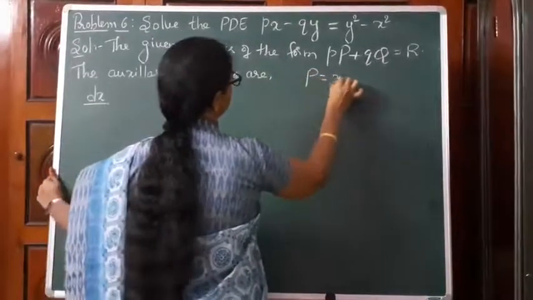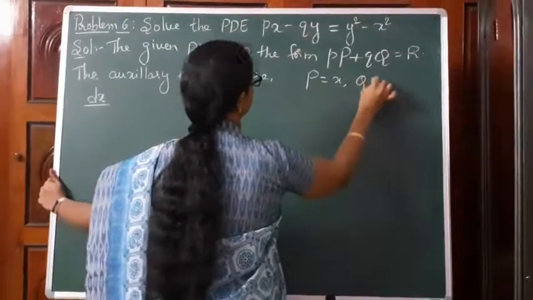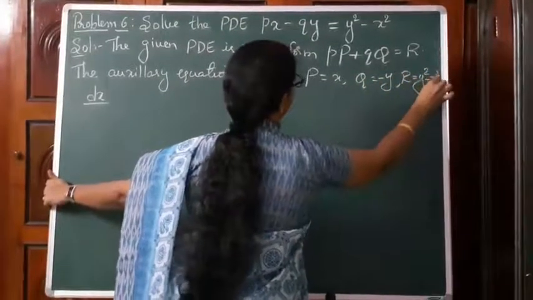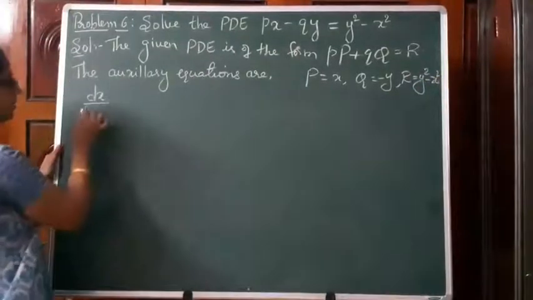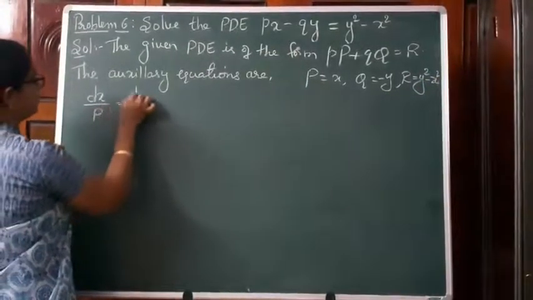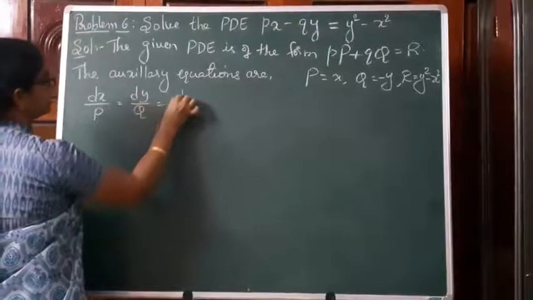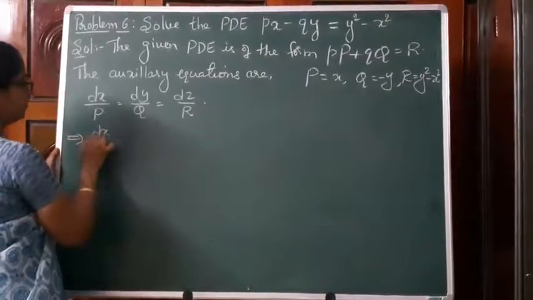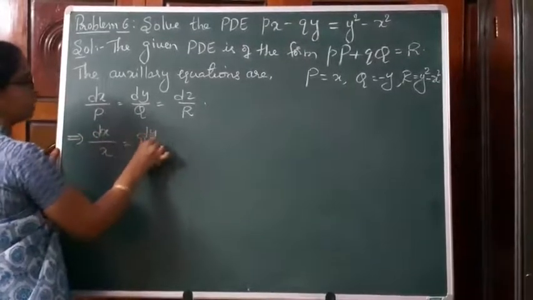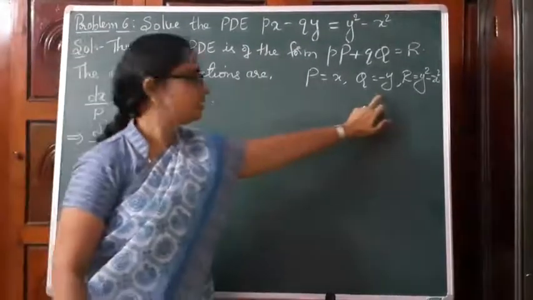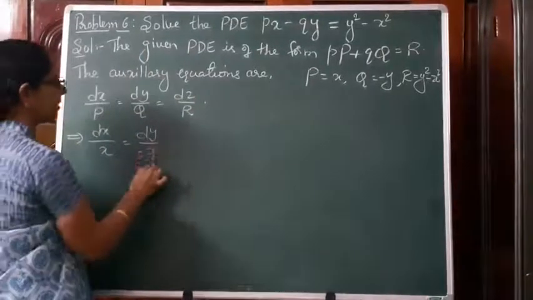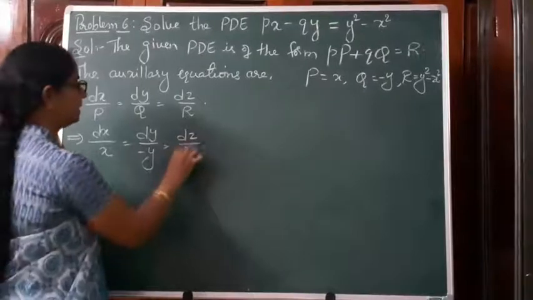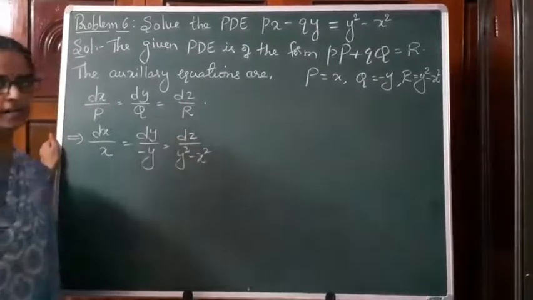Capital P is x, capital Q is -y, and R is equal to y² - x². So the auxiliary equations are dx by P is equal to dy by Q is equal to dz by R. That is, dx by x is equal to dy by -y is equal to dz by (y² - x²). So these are the auxiliary equations.